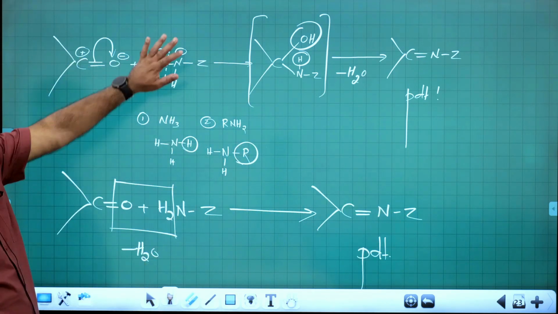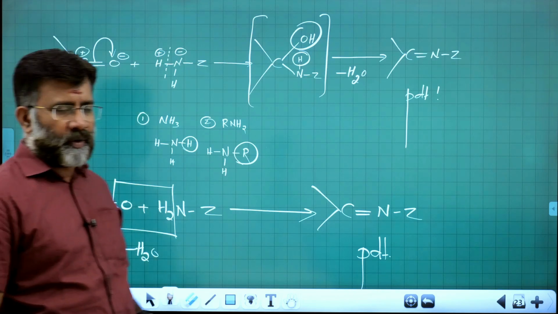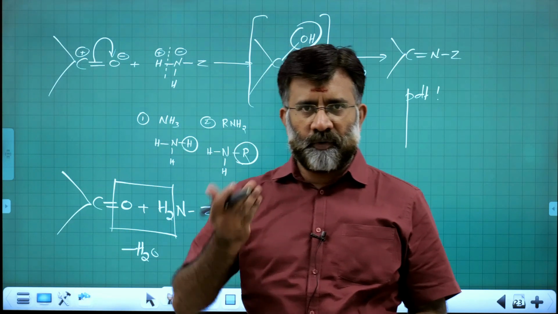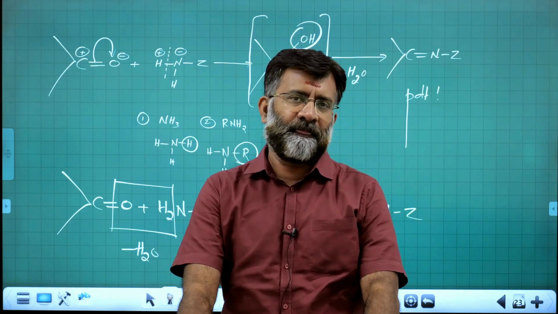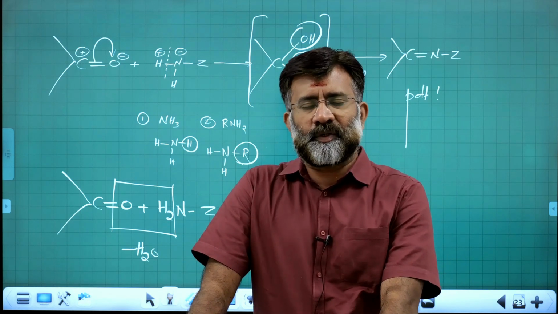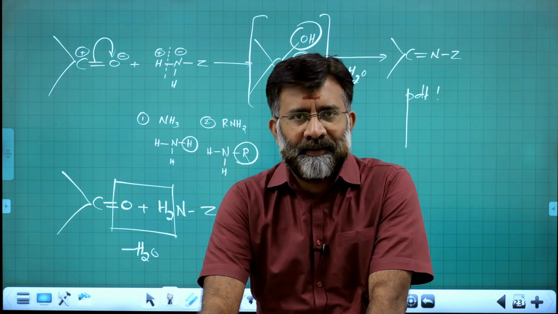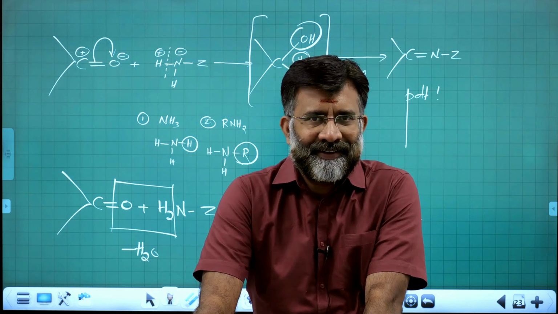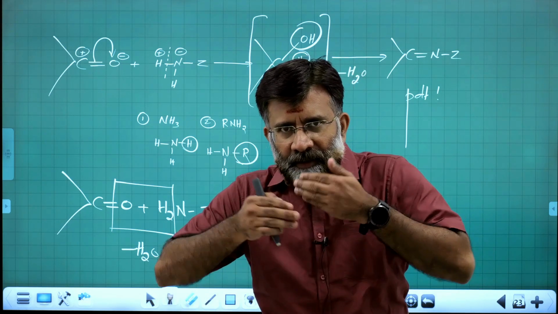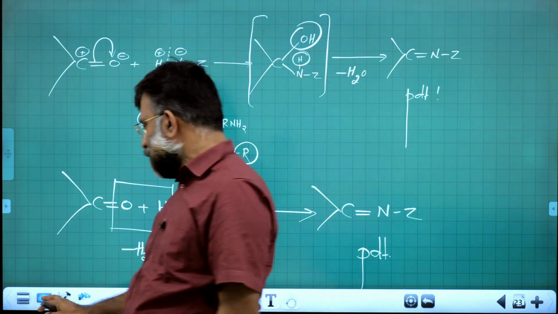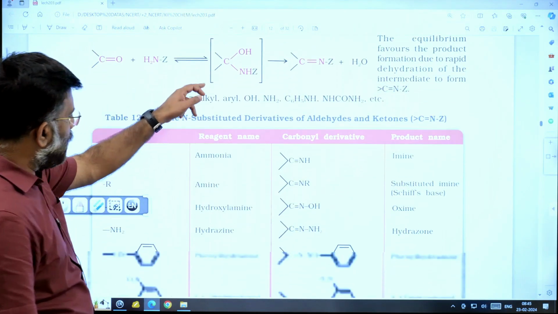In fact, the reaction is happening like this: ammonia or derivative, first nucleophilic addition followed by elimination of a water molecule, and you get the final result. And the Z keeps on changing.